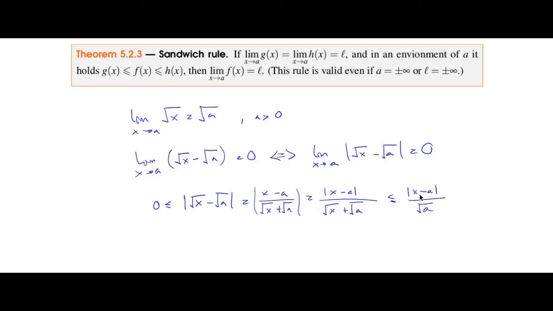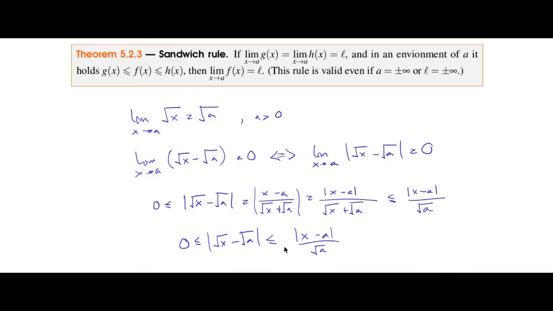And now if we take the limit here, the limit of this is going to be 0. So let me say this again. We have 0 is smaller or equal than the difference between the square root of x minus the square root of a, which is smaller than this.